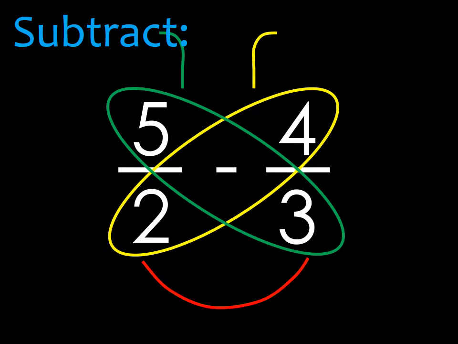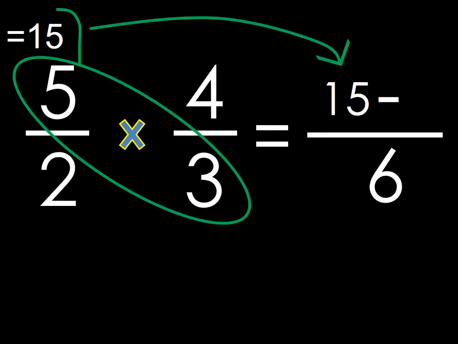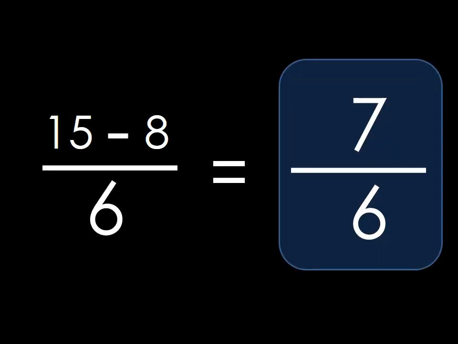Next, try ulit natin. We have 2 times 3 is equal to 6. And then, kung napapansin nyo, subtraction na yung operation natin, kaya subtraction na yung mapupunta dito. 5 times 3 is equal to 15. At ilalagay yung 15 doon sa numerator. 4 times 2 is equal to 8. Kaya nagkameron ng 8 doon. And 15 minus 8 is 7 over 6.